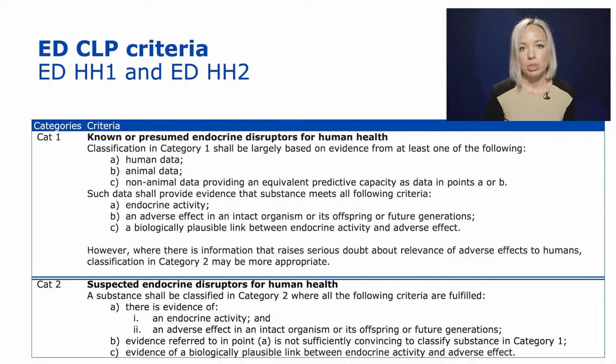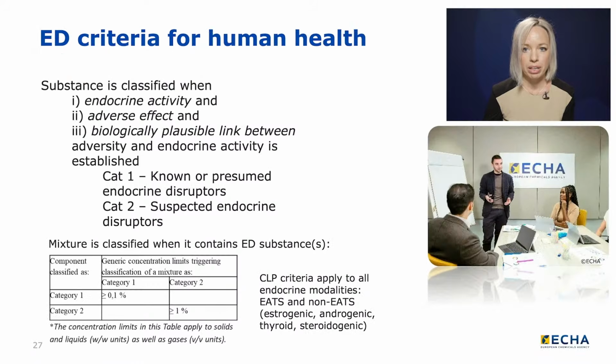For category 2, actually the criteria are very similar, and you classify for category 2 when the evidence is not sufficiently convincing for category 1. And to summarize, for substances, there needs to be information on the 3 elements, but in contrary for mixtures, classification is based on ingredient-based approach.